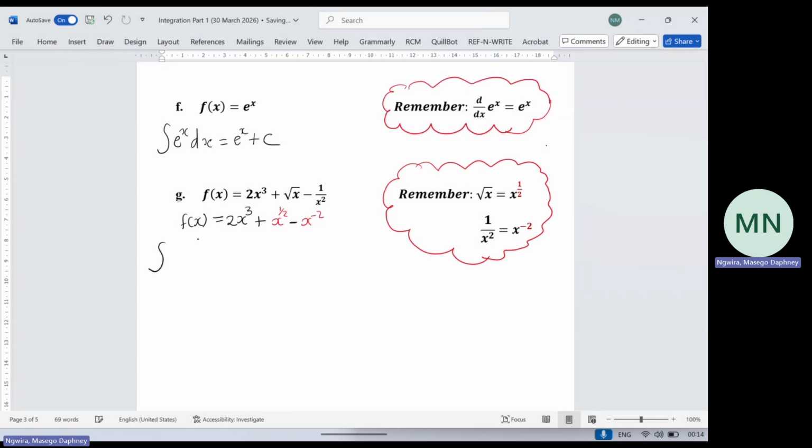So the integral of 2x to the power of 3 plus x to the power of 1 over 2 minus x to the power of -2, and then dx.